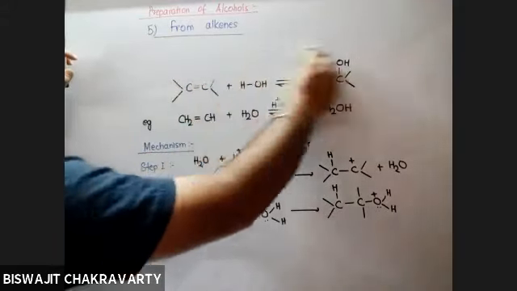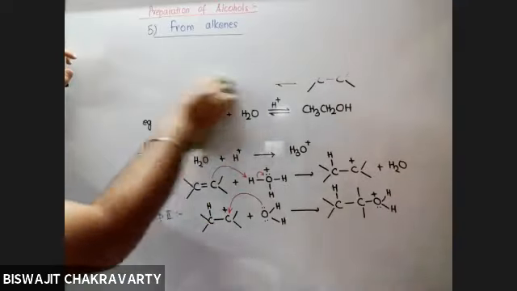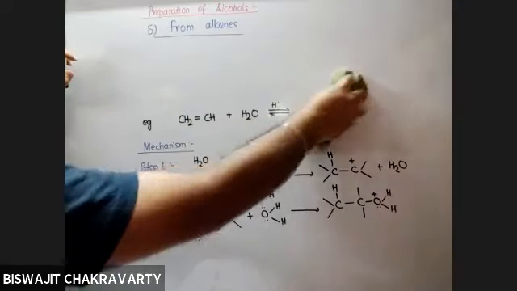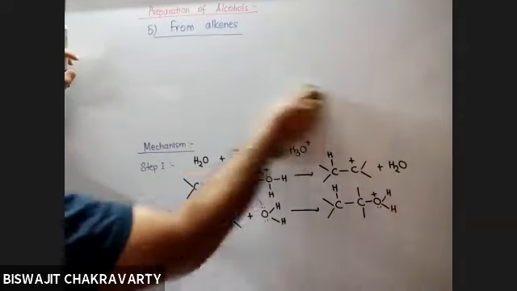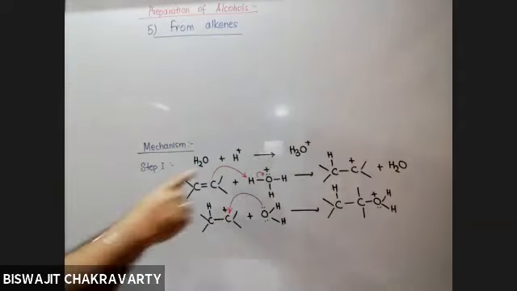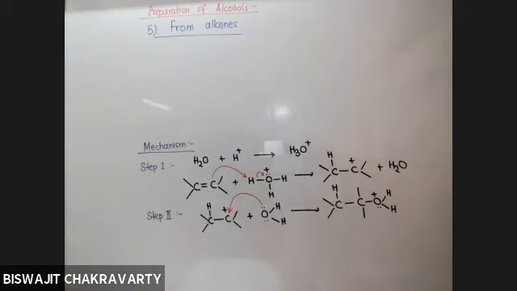Sir, can you repeat step 1 again? Step 1, H plus is given by the acid, and that H plus is taken by water. So water, after taking the H plus, becomes H3O plus, hydronium ion, which is the source of proton actually.